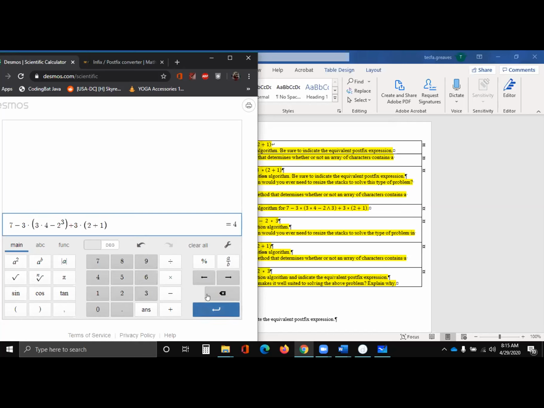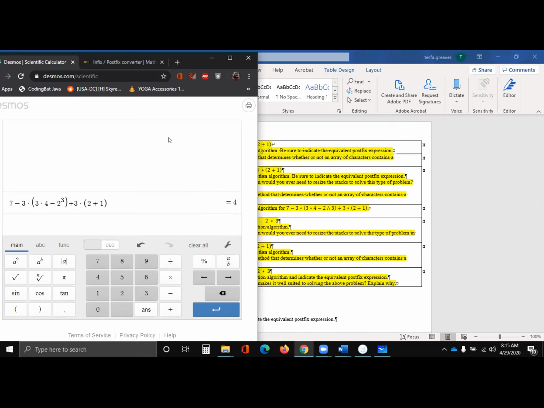If I press enter, our answer is equal to 4. So we know we did our addition right, we did our calculations right, we did our PEMDAS right. We could move on to the next part of the problem.